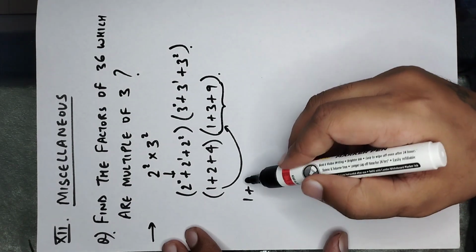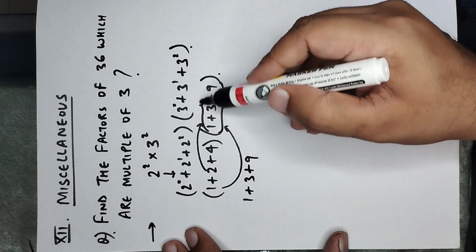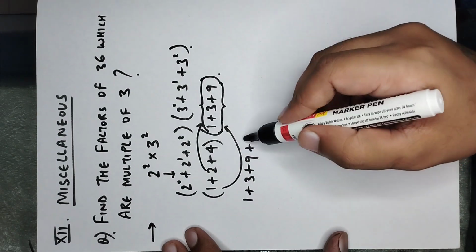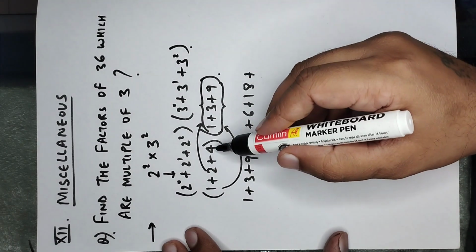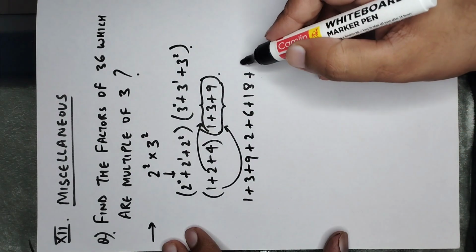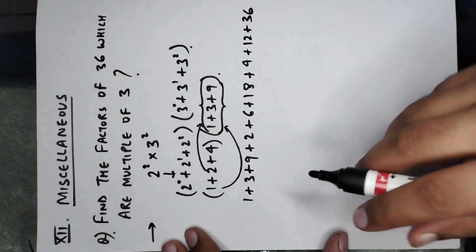I get 1 plus 3 plus 9. Multiplying 2 with all these factors, I get 2 plus 6 plus 18. And then multiplying 4 with all of these factors, 4 plus 12 plus 36.